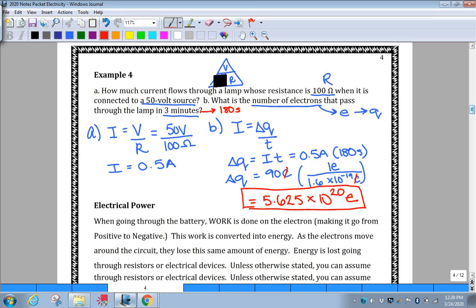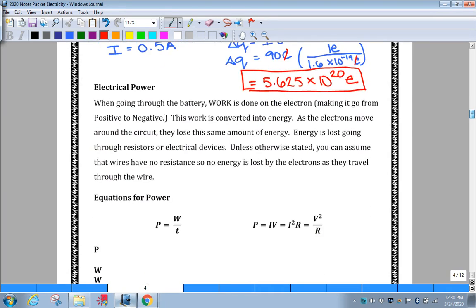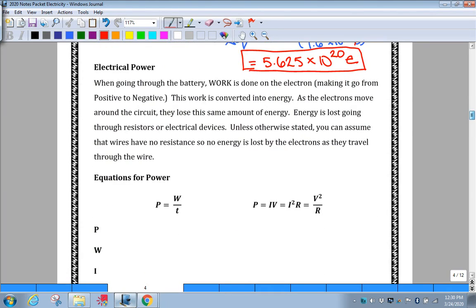The other thing we're going to cover today is electrical power. With electrical power, when going through a battery, work is done on the electron, making it go from the positive side of the battery to the negative side. This work is converted into energy. And as the electrons move around the circuit, they lose the same amount of energy that they gained.